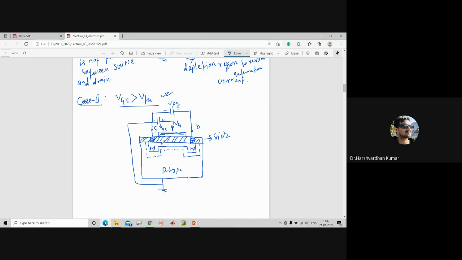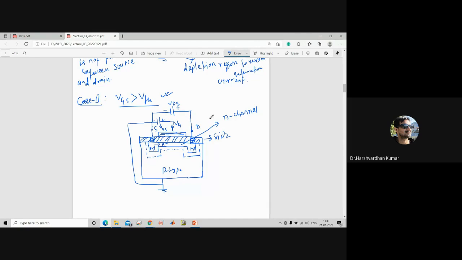A strong inversion means there will be a flow of electrons from source to the drain. And this region is known as the N channel.